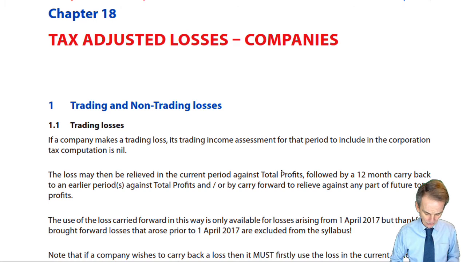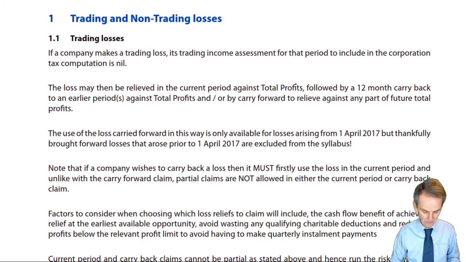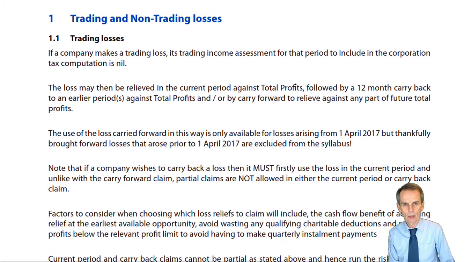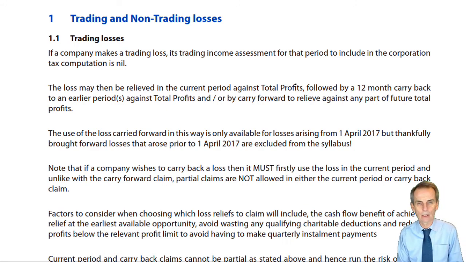And it is, of course, dealing with trading losses. Once again, just because you trade, it doesn't guarantee that you're going to make a trading profit. So we may sustain a trading loss. And we do see some similarities here in terms of what we do on corporate tax computations compared to what we did in income tax computations. We've already said there that if we make a loss, the assessment is nil.